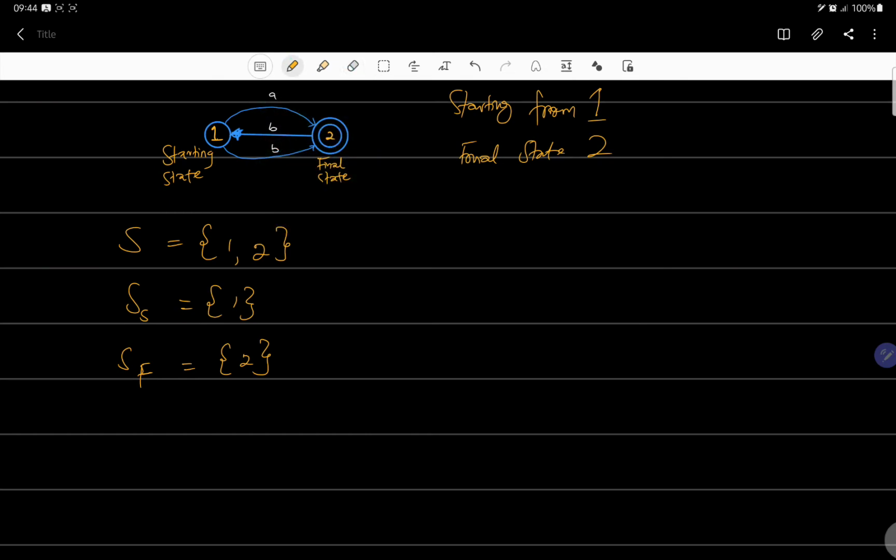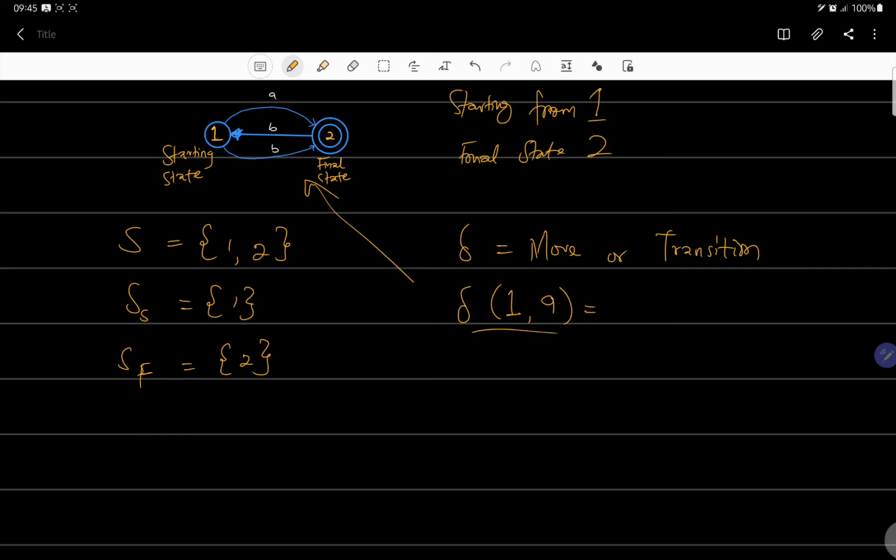So now let's talk about movement. Movement is denoted by delta, which means move or transition. Now when we see delta and we are moving from 1 and want to go through A, where would that lead us?